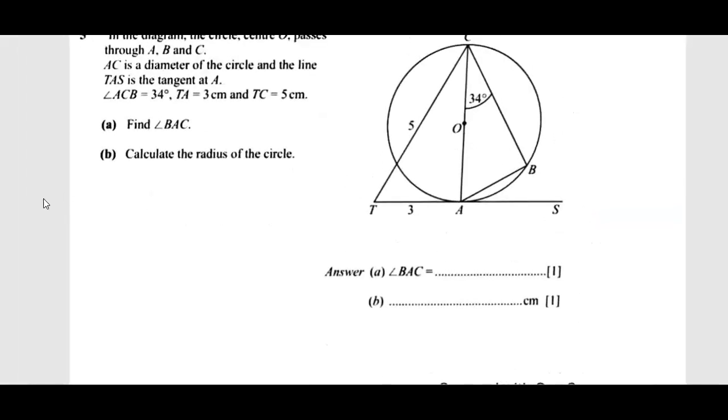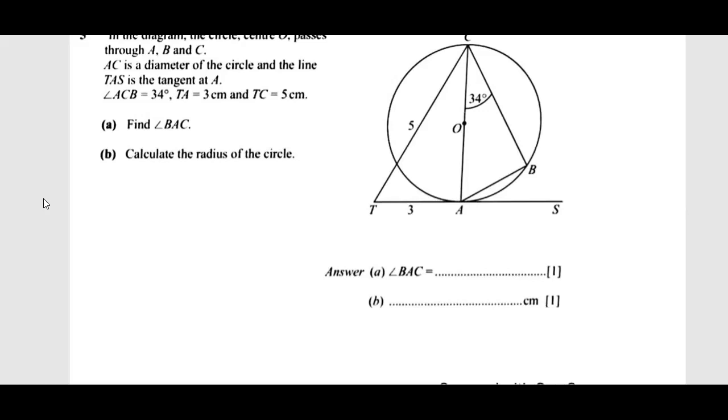Okay. So it says, in the diagram, the circle center O passes through A, B, and C. AC is a diameter. Okay, just stop here. Let's not read the question. So far, we did 3 questions in which we had a diameter that was one of the sides of the triangle and the opposite side was basically on the circumference.